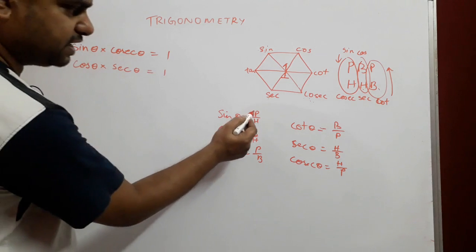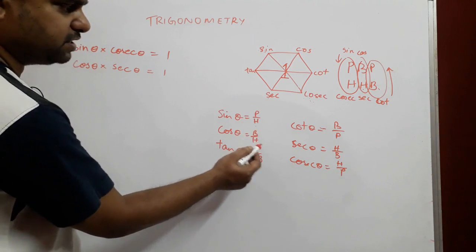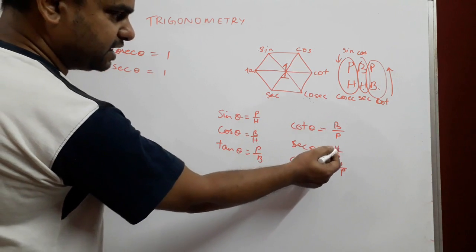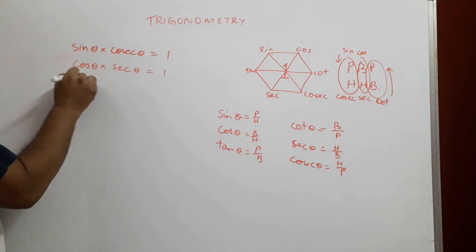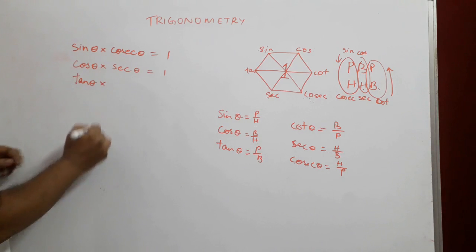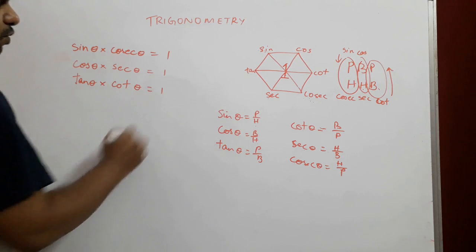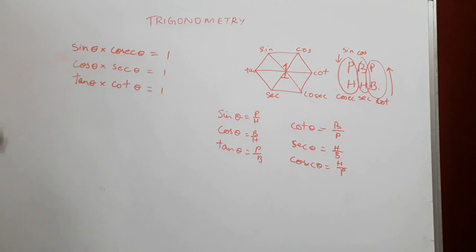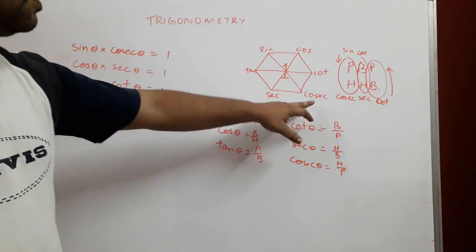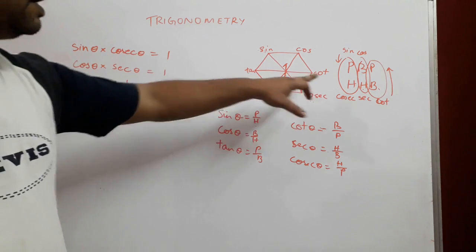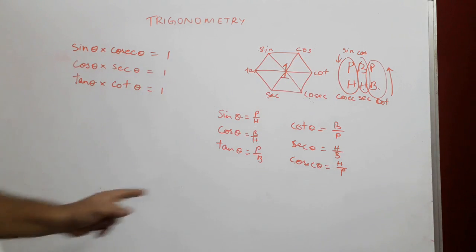Have a look: sine theta is P upon H and cosec theta is H upon P. Similarly, cos theta is B upon H and sec theta is H upon B. Coming to our tan theta, tan theta multiplied into cot theta will give us 1, right? So we've got 3 new formulas now. Sine theta into cosec theta gives us 1, tan theta into cot theta gives us 1, and cos theta into sec theta gives us 1.